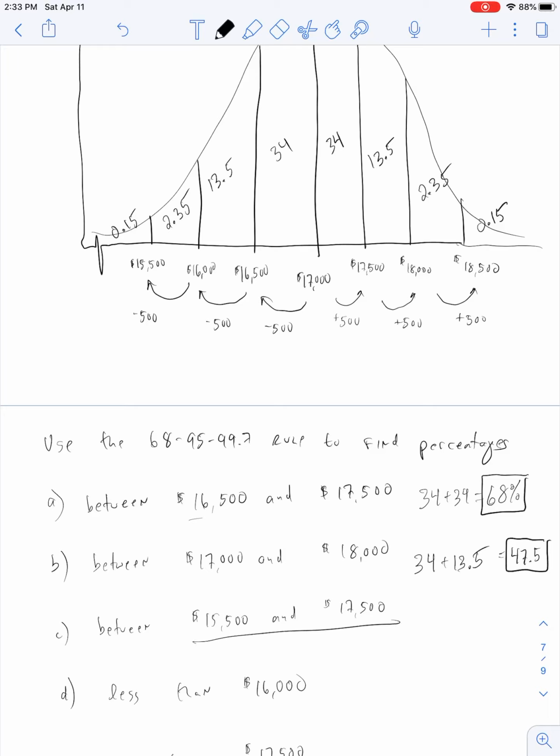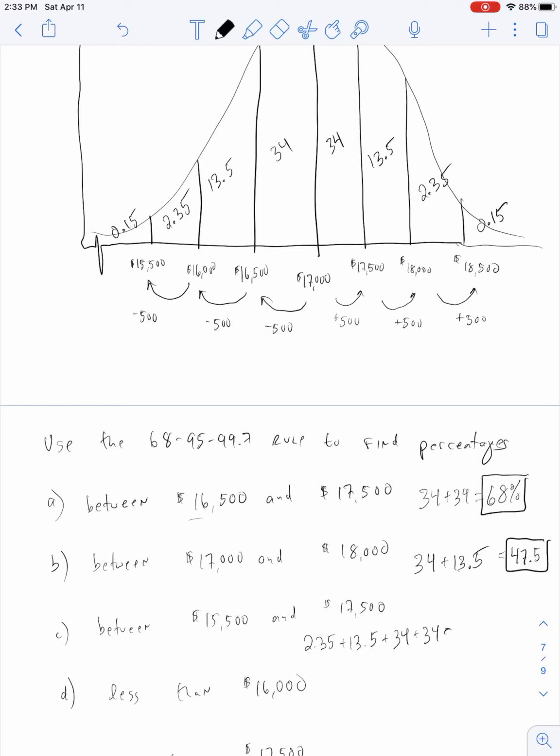Between 15,500 and 17,500. Here's your 15,500. Here is your 17,500. Between would be these numbers. So all we're going to do is add those. All right, so 2.35 plus 13.5 plus 34 plus 34.